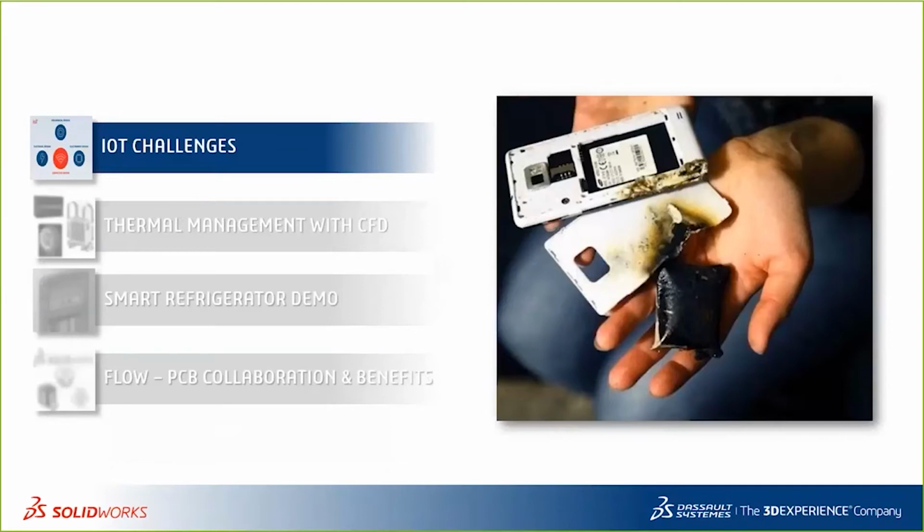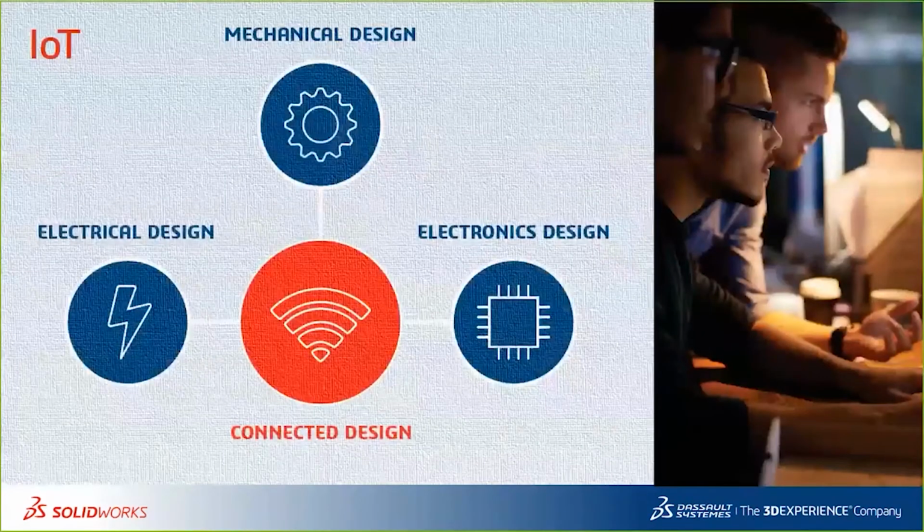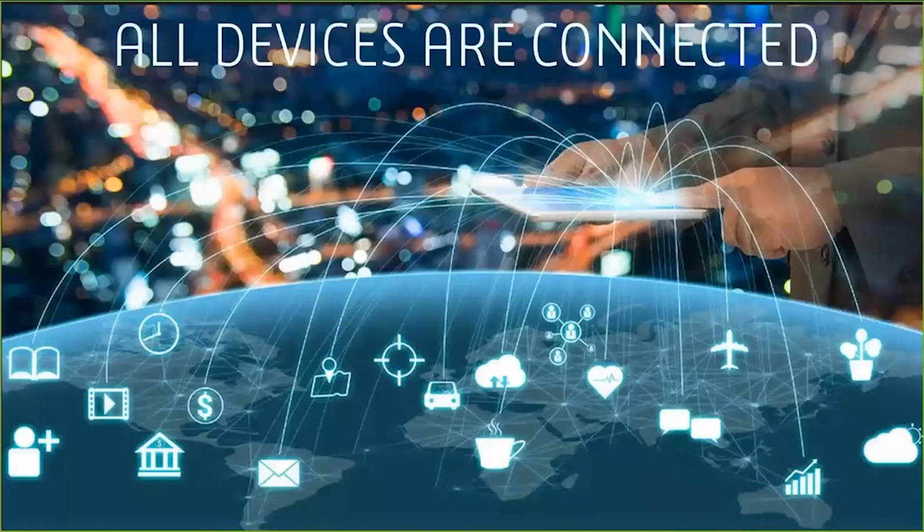And now let's pivot to IoT challenges. So today, IoT and smart devices can be found everywhere. Think of your smartwatch, your Fitbits, your Alexa, your Google Home. These are all smart devices. These devices are a combination of mechanical design, electrical design, electronic design, and of course, using the technology of Bluetooth and the internet, all these devices are connected.